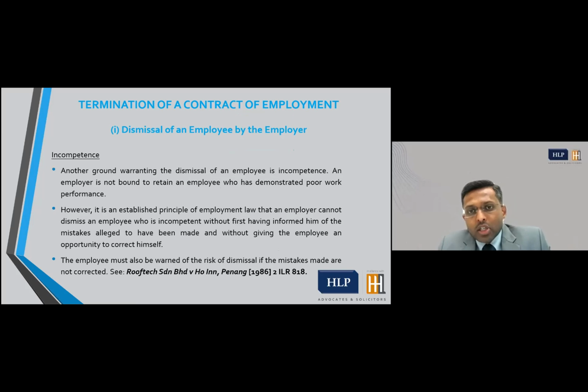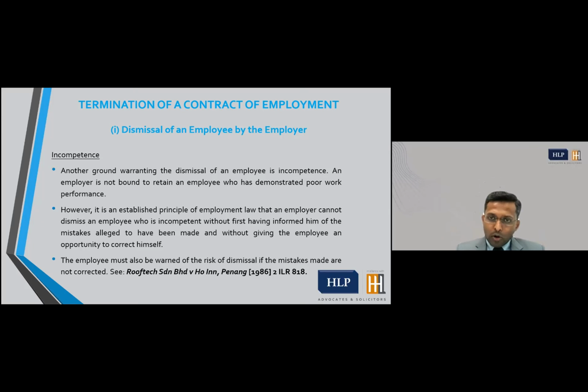Another ground on which an employer may terminate an employee is incompetence, where the employee fails to perform. An employer is, of course, not bound to retain an employee who has demonstrated poor work performance. However, ladies and gentlemen, this is very, very important.